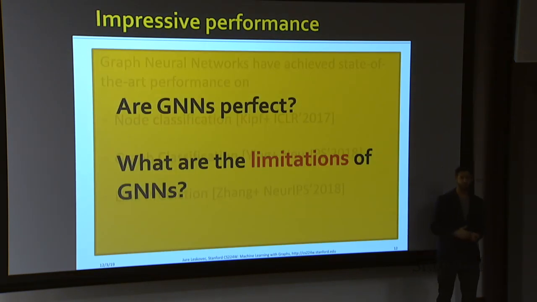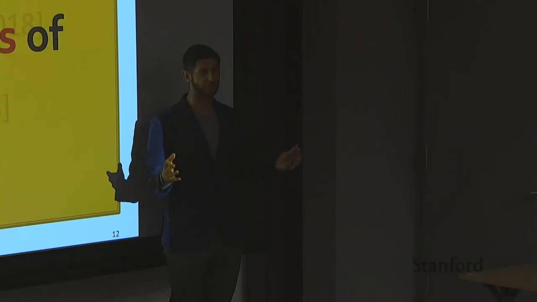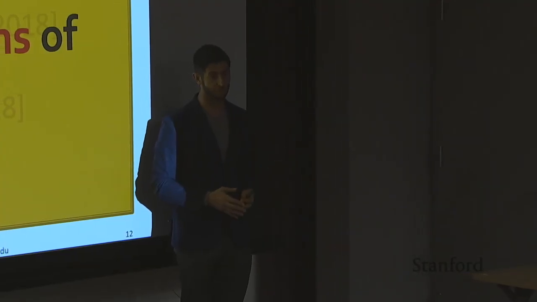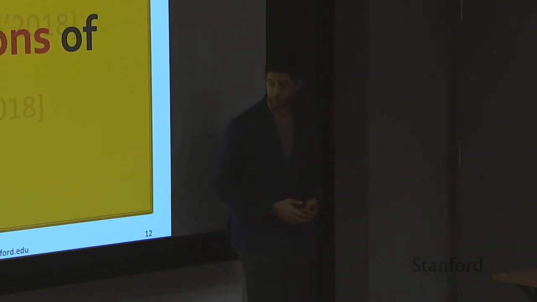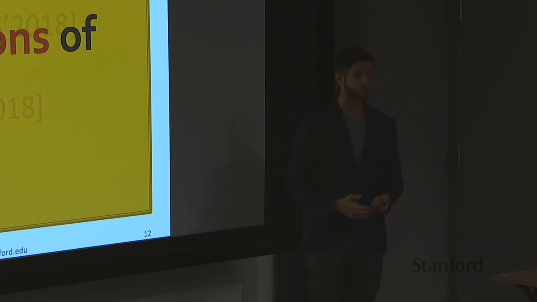But are they perfect? The fact that something is powerful and achieves state-of-the-art should never trick you into thinking that it's a silver bullet that solves every possible problem on that kind of data structure, all right? So that's why we wanted to introduce this lecture at the end of the course, to tell you there are also some limitations to GNNs. They don't work on all the possible real-world data sets that you could be using.